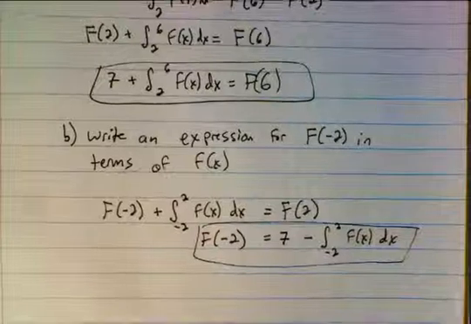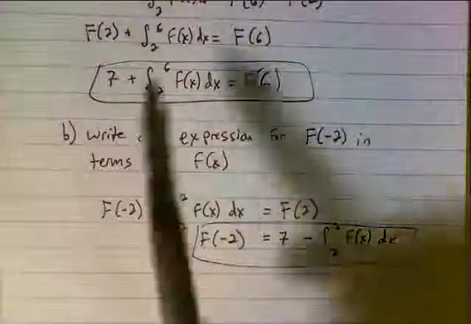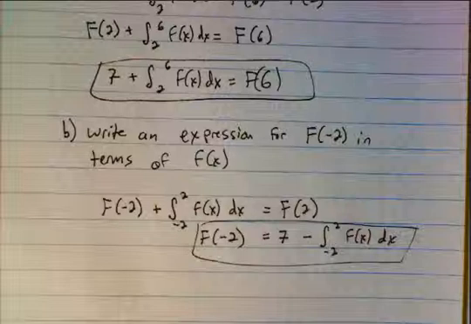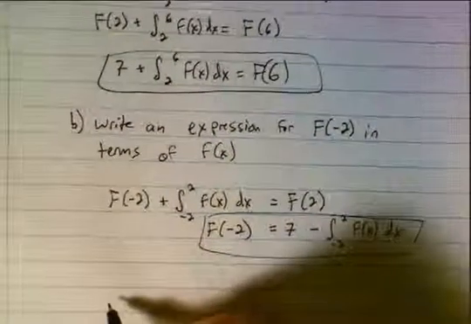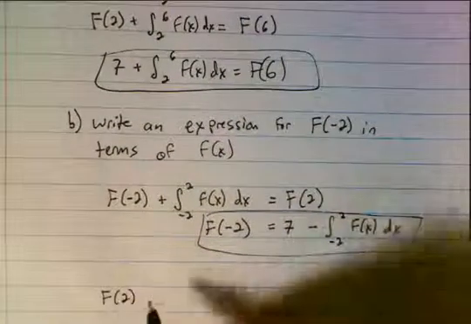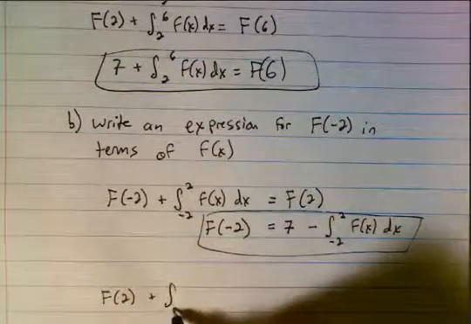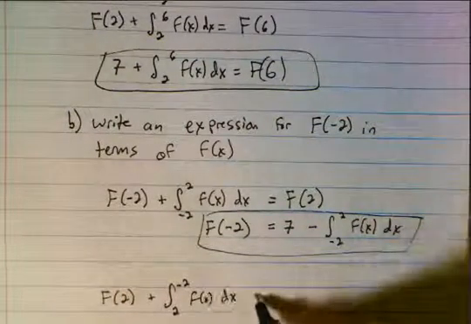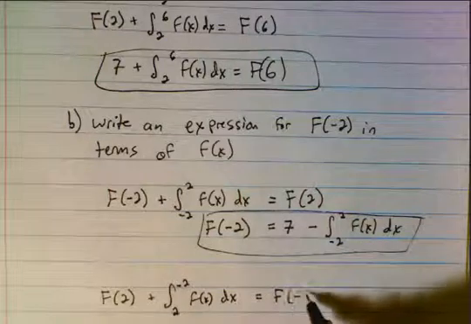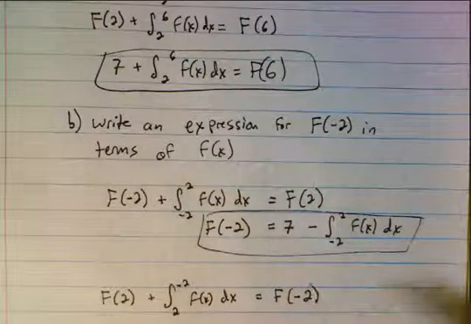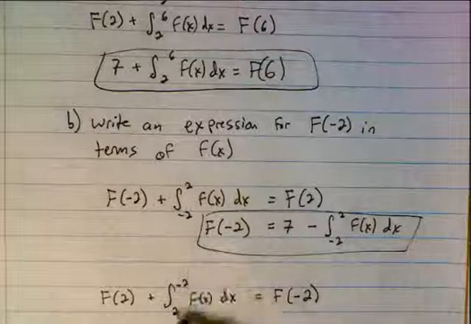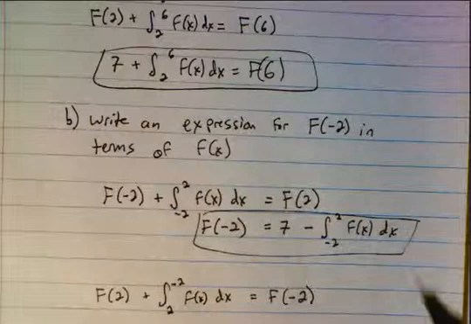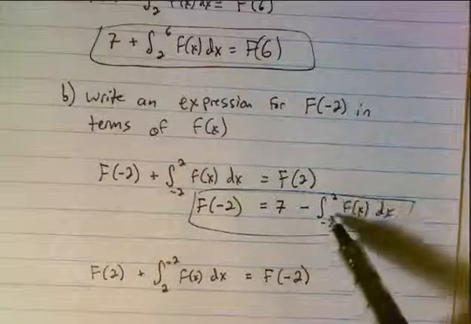Alternatively, we could also have done it exactly the same way that we did up here, in terms of saying whatever it is that we started with, f of 2, which we know, plus the change from what we know to what we want to know. Remember, changing these bounds makes the area the opposite of what it was.